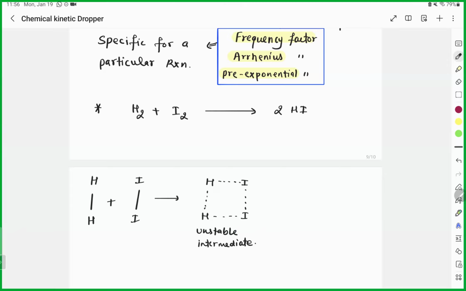It is an unstable intermediate and has a very short life. Ultimately, it will convert into 2HI. Got it? It will form 2HI.